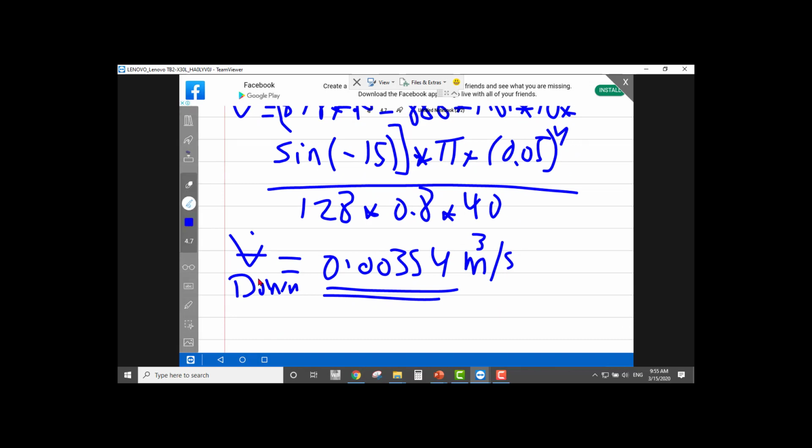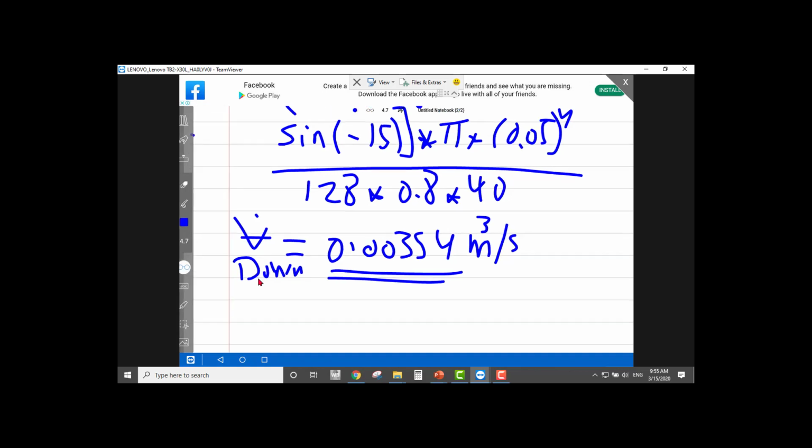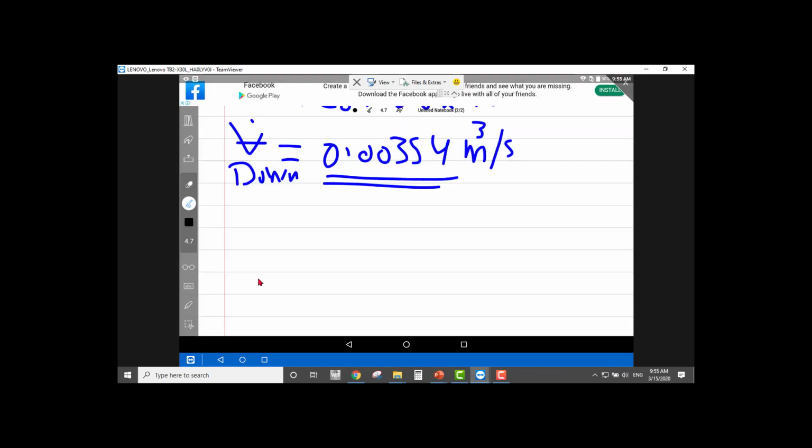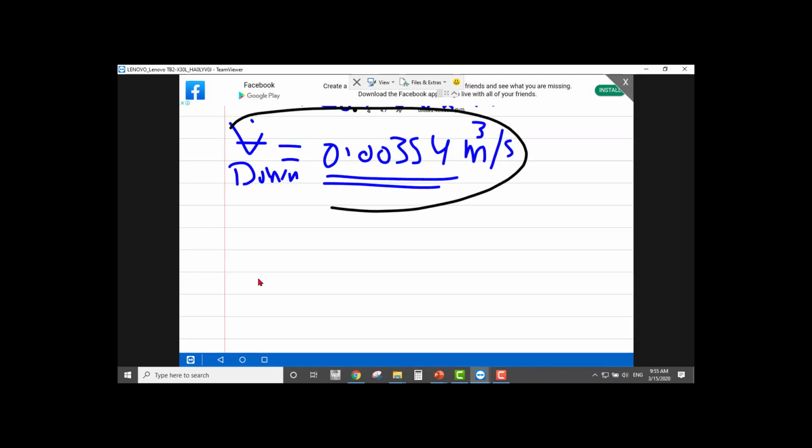One might ask, should I do the verification for all parts? No, no need. Why? Because once we verify that V dot for downhill is laminar, then the rest will be laminar, because this is the maximum flow rate.